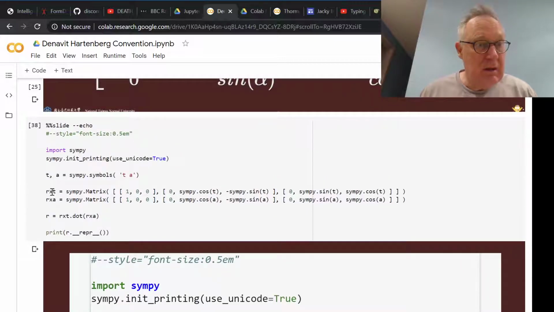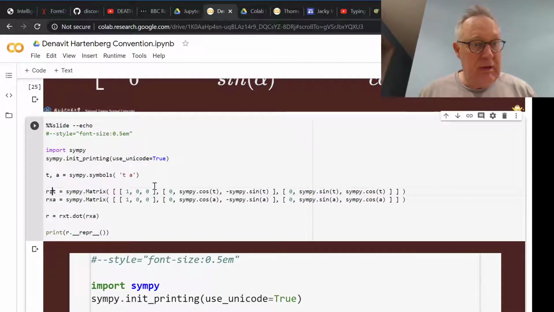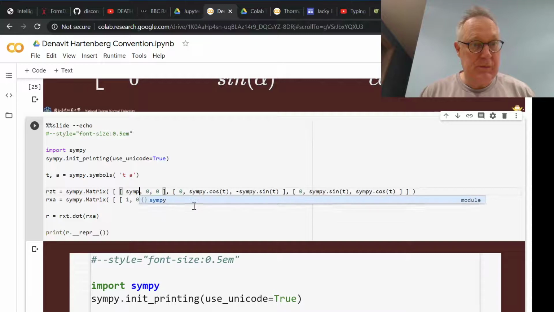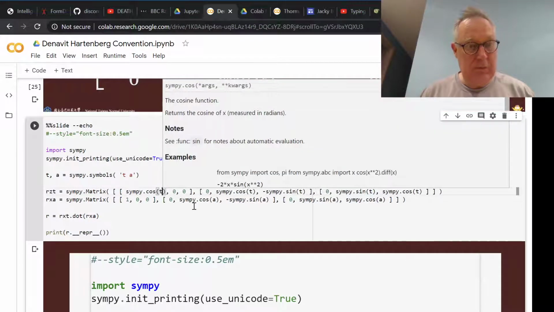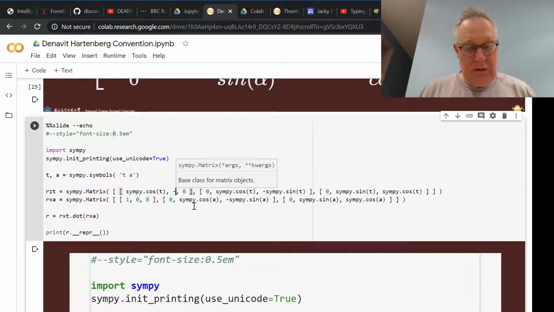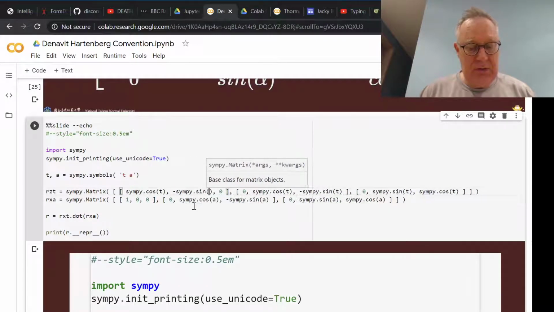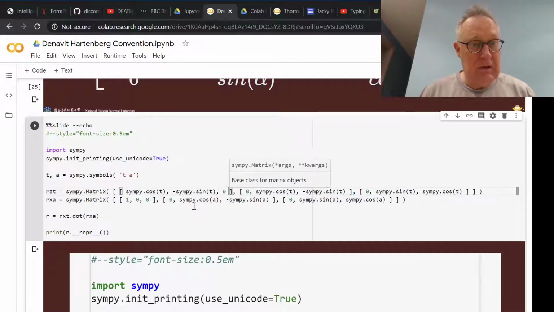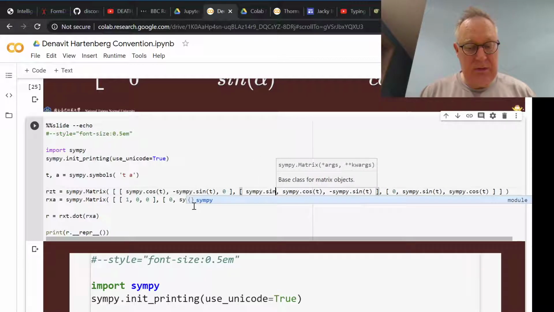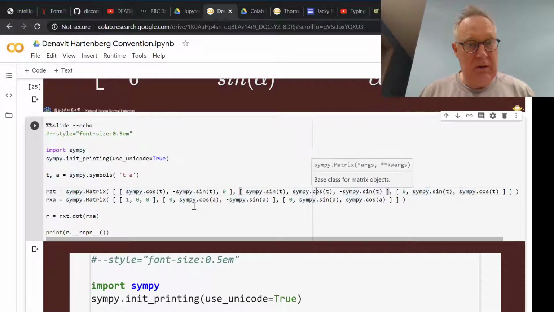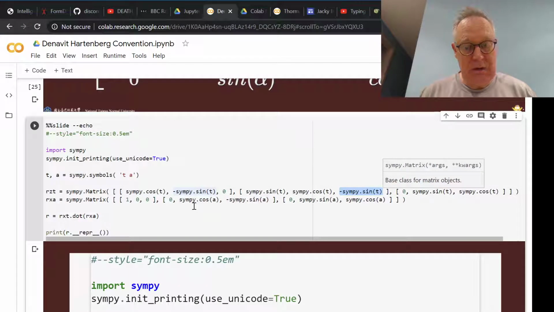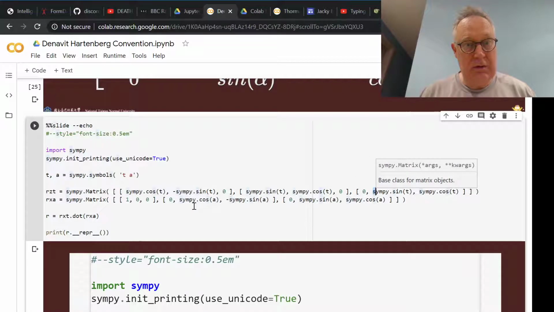Yeah. So that should be RZT. Negative SymPy dot sine t, 0, SymPy dot sine t, pi cos t, 0 0 0, 0.